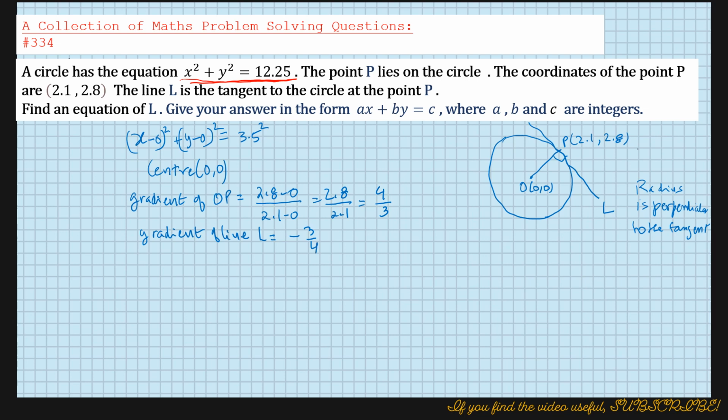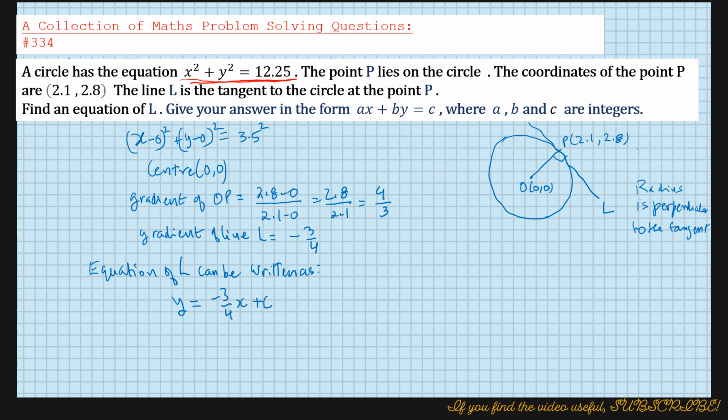And therefore the equation of L can be written as y = mx + c. So m is the slope, so it will be y = −3/4 x + c.